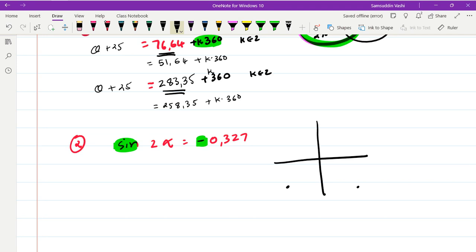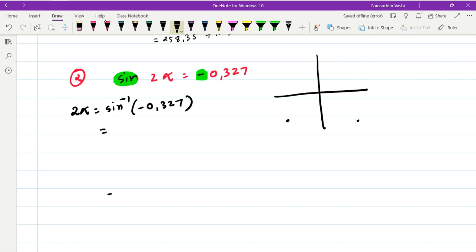Let's use the calculator. What is my angle here? 2 alpha. I'm using sine inverse of negative 0.327. Use your calculator and give me the answer. Remember, I will have two answers. Negative 19.08.